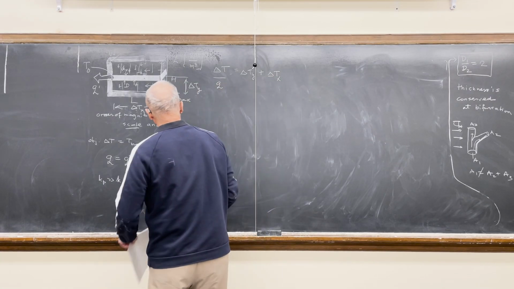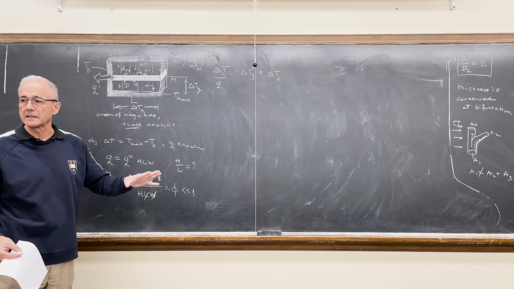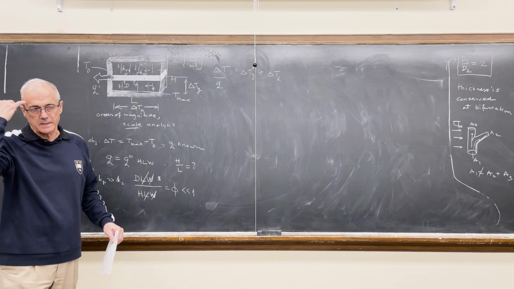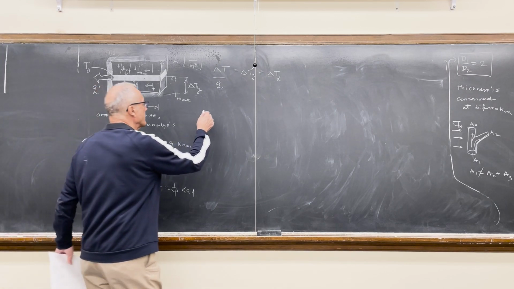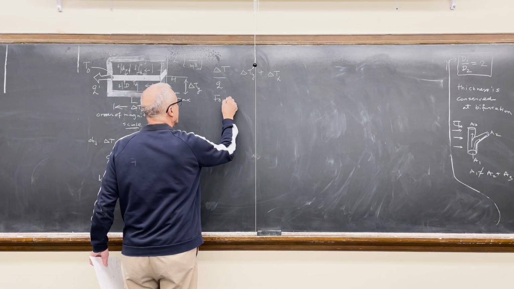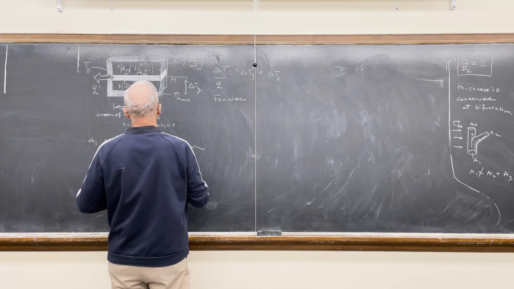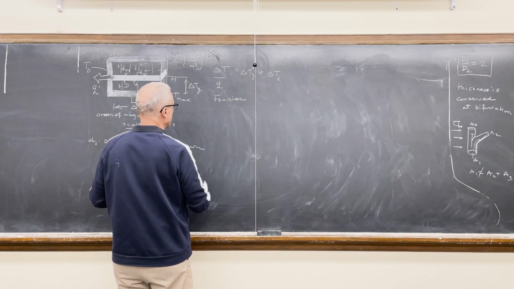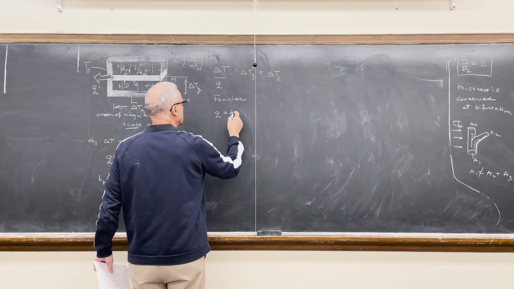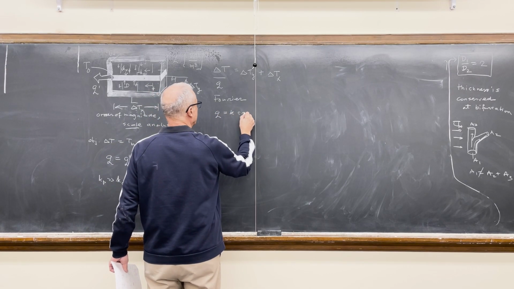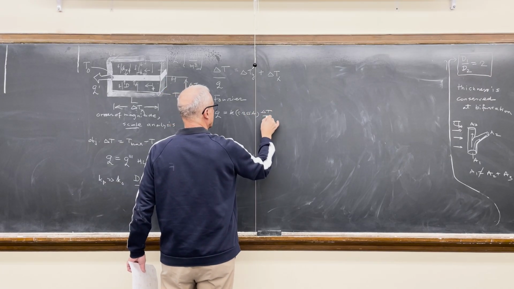I already told you the order of magnitude estimates of these delta T's. They come from, again, Fourier. Remember, Fourier means Q equals K, and then cross-sectional area, and then delta T over path.